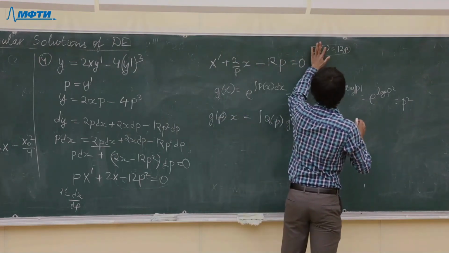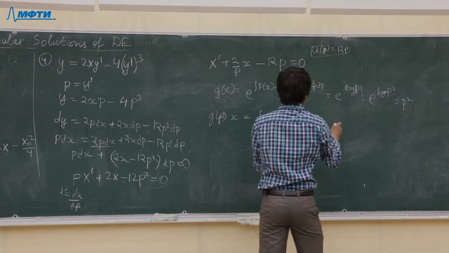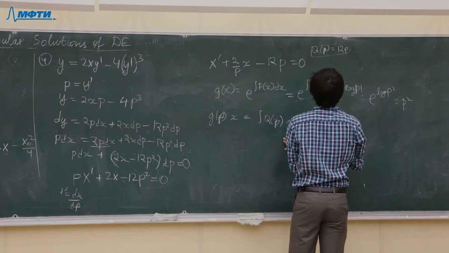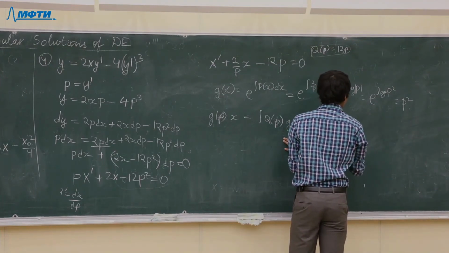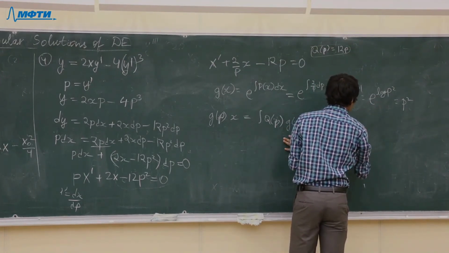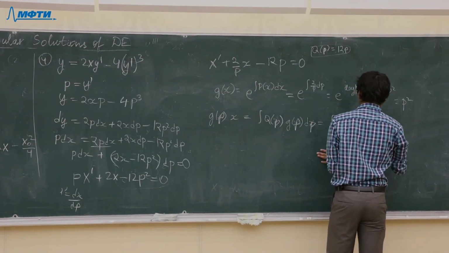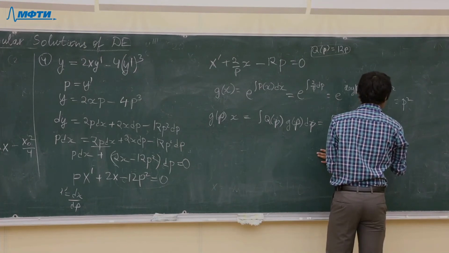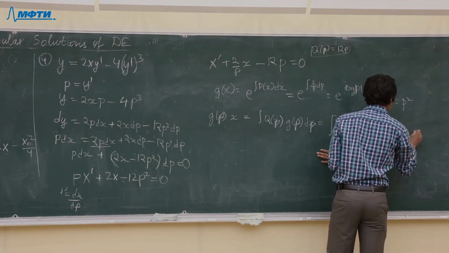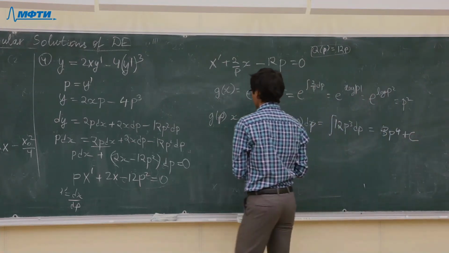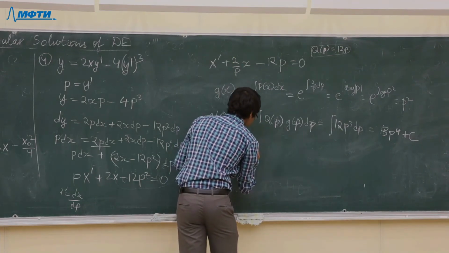And we must multiply by p squared and integrate then. So p squared multiplied by p squared, so 12p cubed. 12p cubed, and the integral will be 3p to the fourth, right, plus c, and after this we will divide by p squared. And so we obtain x.